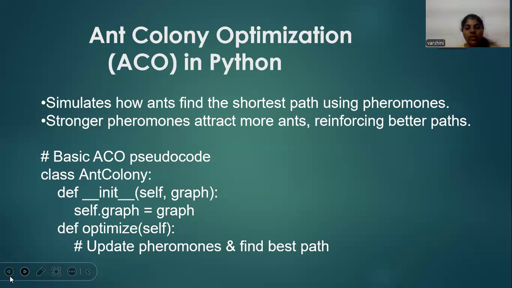Basic ant colony optimization pseudocode: class AntColony, def __init__ with self and graph, self.graph is equal to graph. Define optimize with self. We update the pheromones and find the better path.